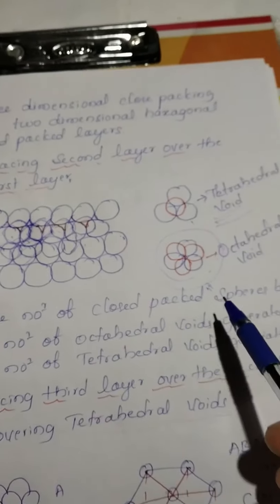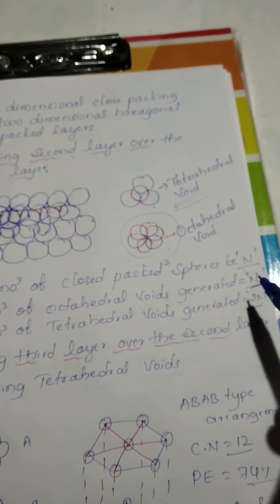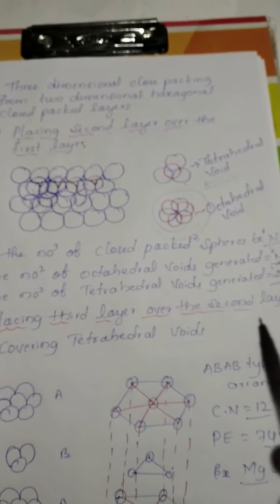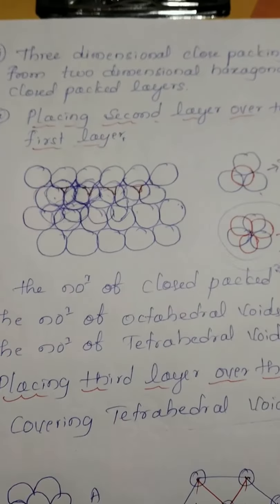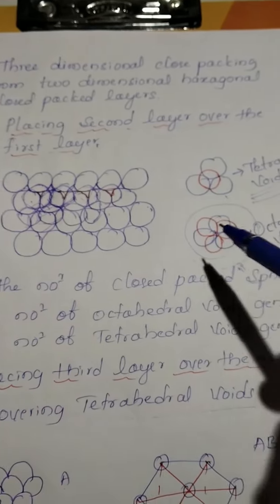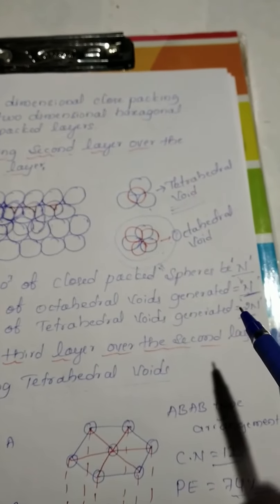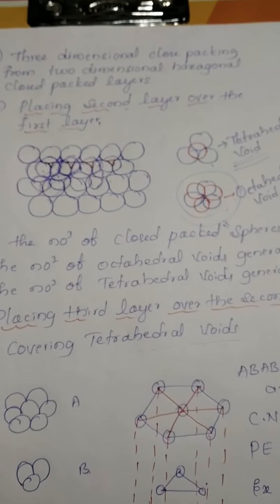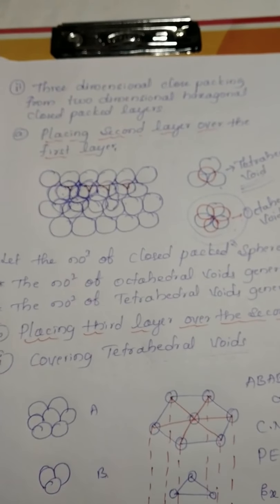If the number of close packed spheres is n, the number of octahedral voids generated is n only, and the number of tetrahedral voids generated is 2n. For example, if the number of close packed spheres is 10, the number of octahedral voids generated is 10, and the number of tetrahedral voids generated is 2 into 10, meaning 20. This is the relation between the number of close packed spheres and the number of octahedral and tetrahedral voids.